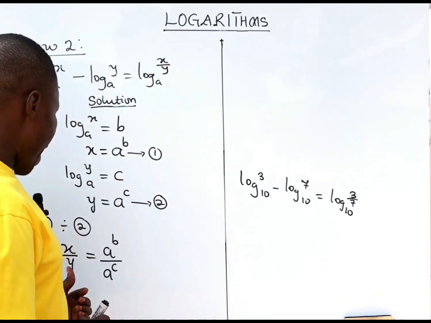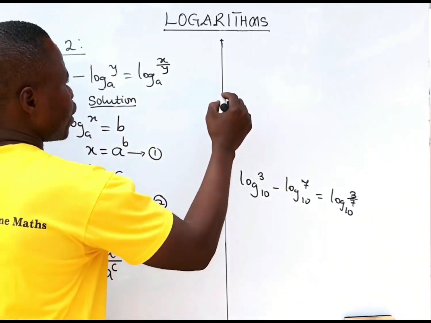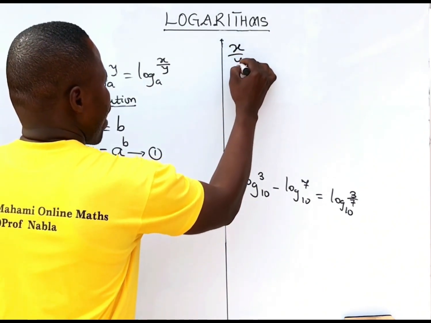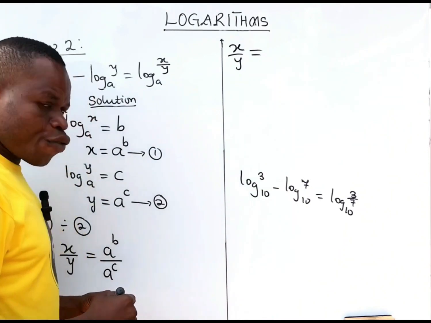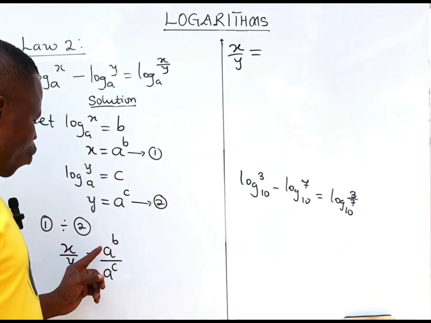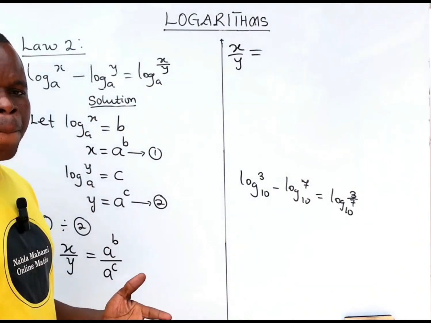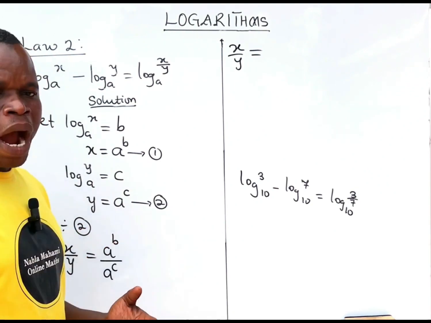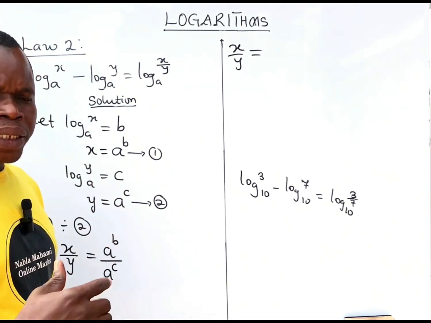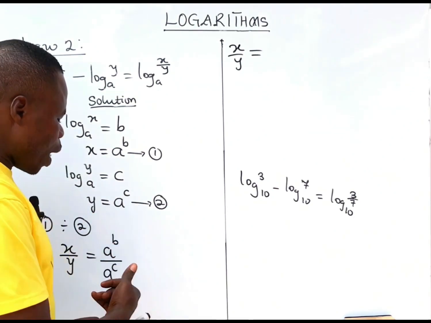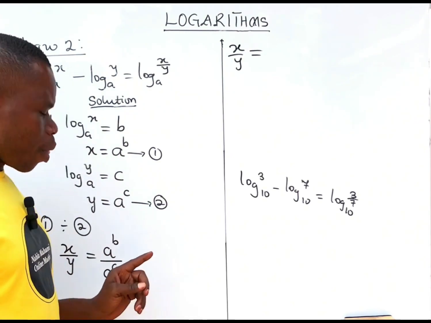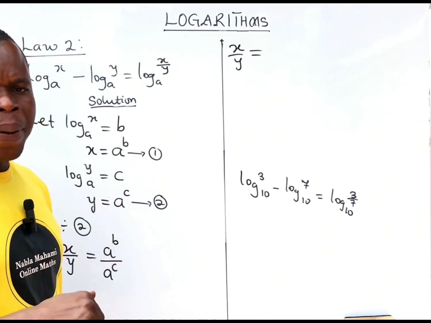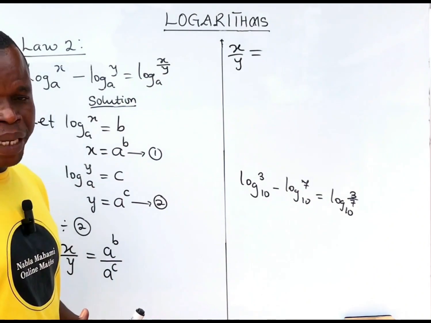Now, I can write this by saying that x over y is equal to, from indices, if you have a common base and they have powers and you are dividing, then you subtract the denominator power from the numerator power using one of the base.